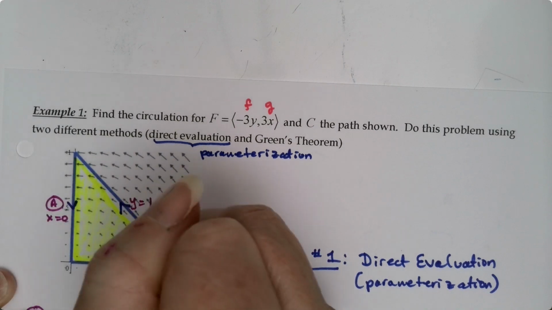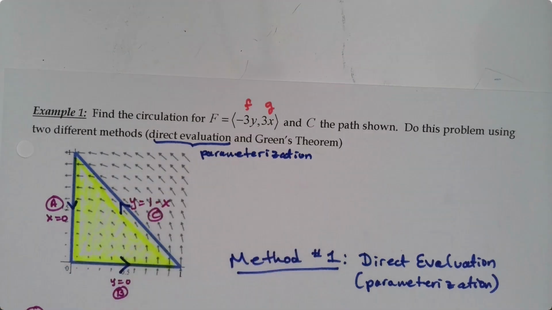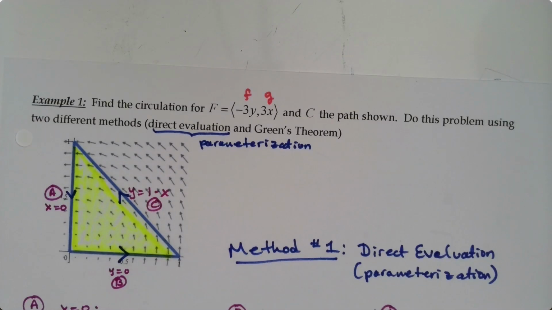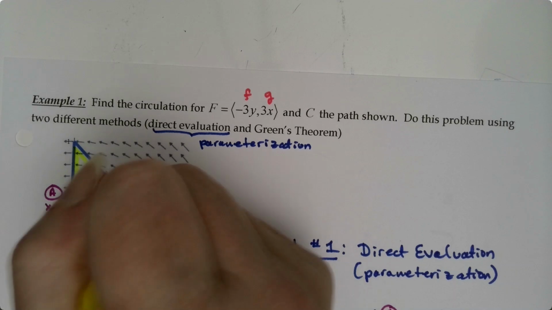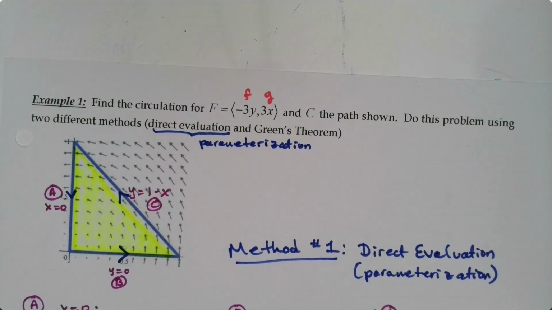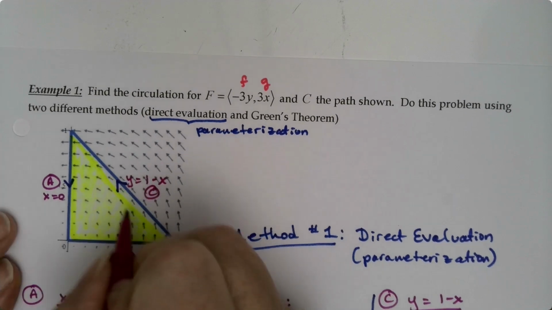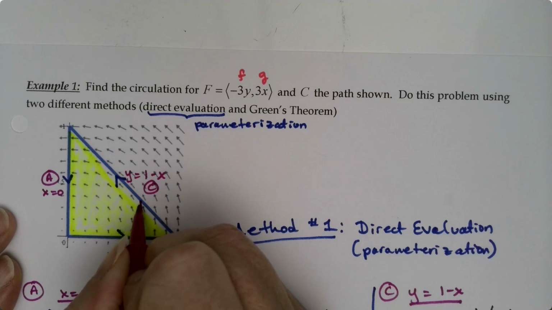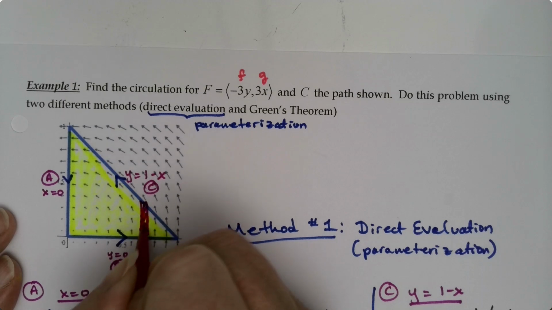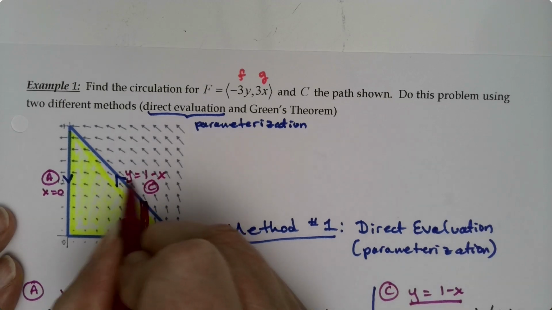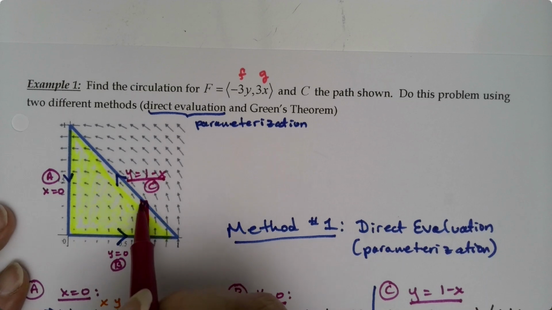The inner portion is the region R. Now we have to decide, are we going to have approximating rectangles that are vertical or horizontal? In general, if you have a choice, you go with vertical because you're more comfortable with that because of your years of algebra class. And we already know the top is at y equals 1 minus x.